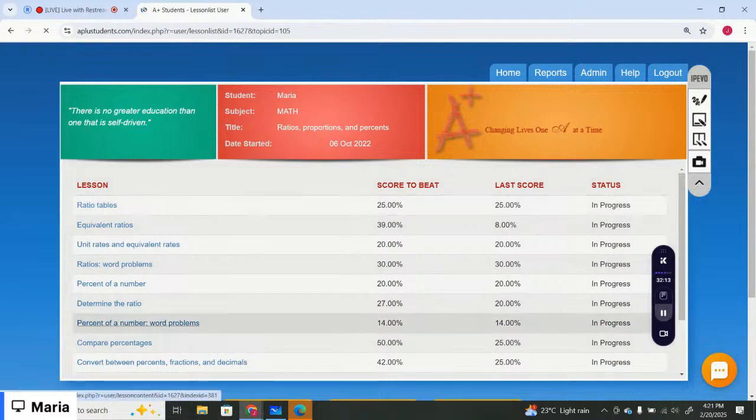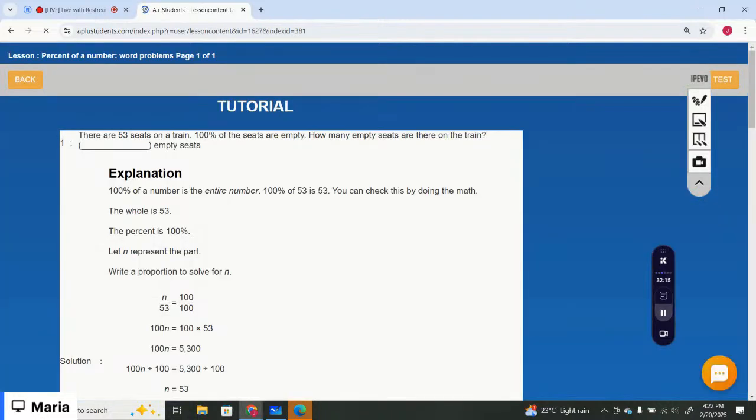The next lesson is percent of a number word problems. There are 53 seats on a train. 100% of the seats are empty. How many empty seats are there on the train?